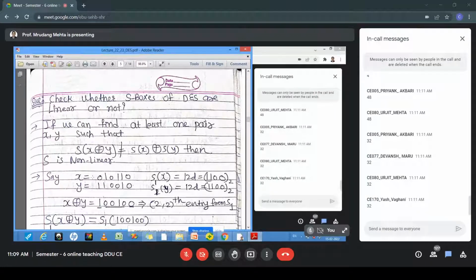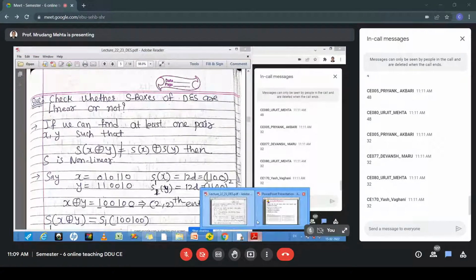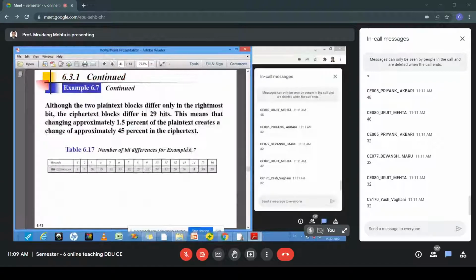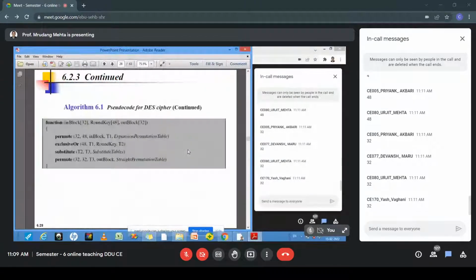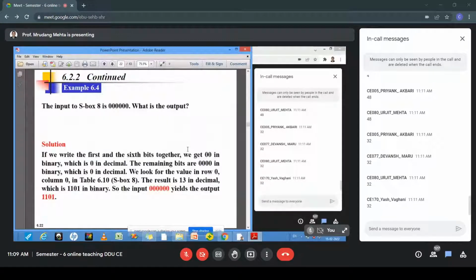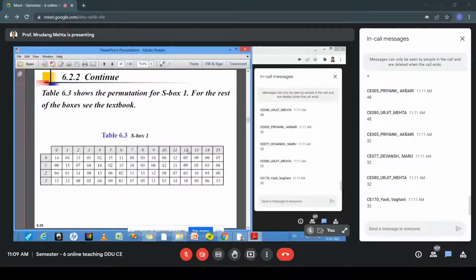To prove this, we take X and Y values. In the slides, we have the S1 table. Let me go back to the S box table, S box 1. This table we will use.